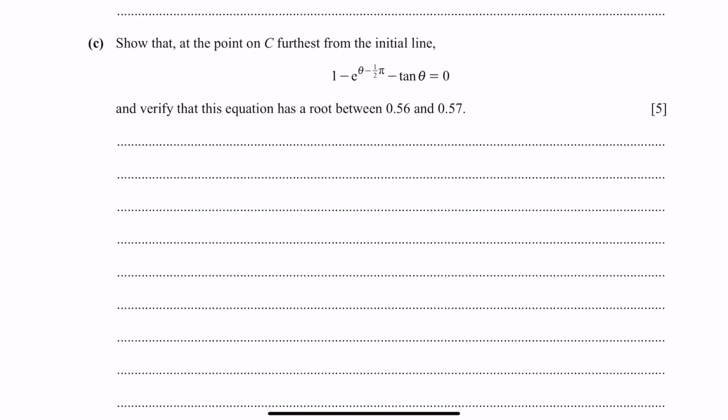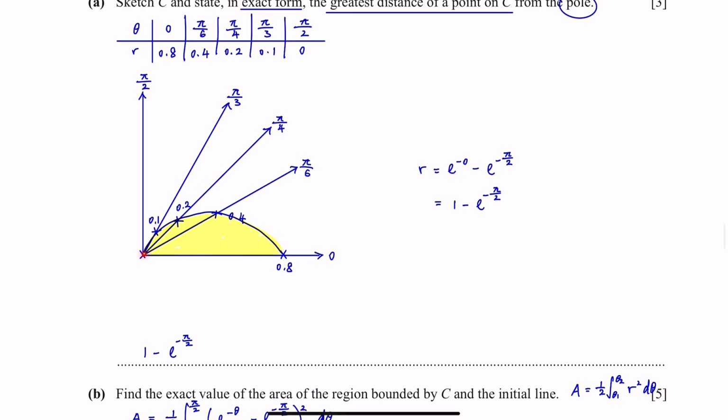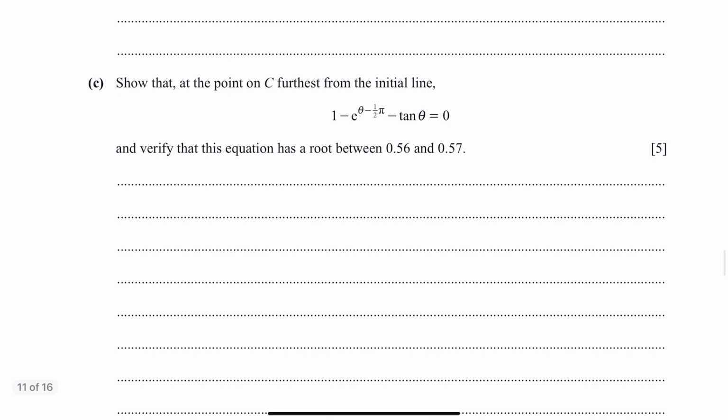For part C, we need to prove this equation at the point on C furthest from the initial line. So the initial line is basically this line over here. And here's a tip. If it's the furthest from the horizontal axis, you use dy/dθ equals 0.